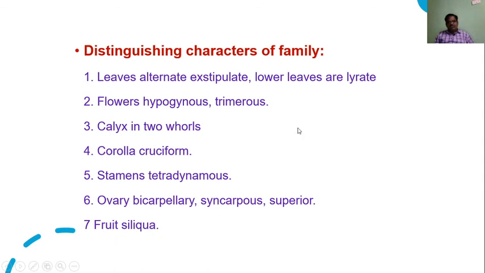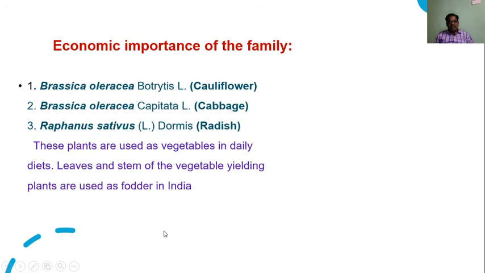Suppose we take the example of a fruit like the legume, which opens by a single suture. But the siliqua type of fruit opens by both sutures, that is, the back side as well as the front side, and a centrally located replum remains at the center. This replum remains as it is for a long period. So this is the siliqua type of fruit.